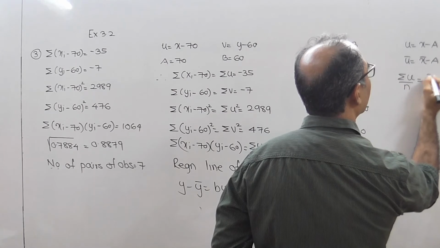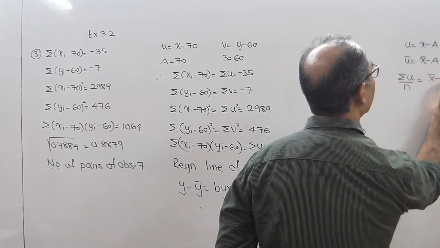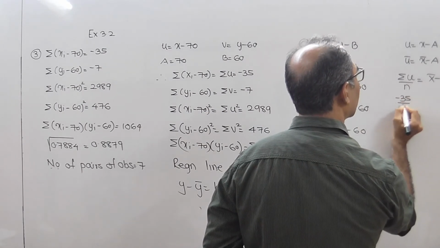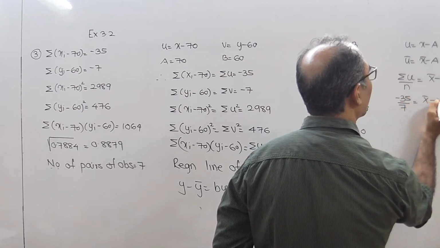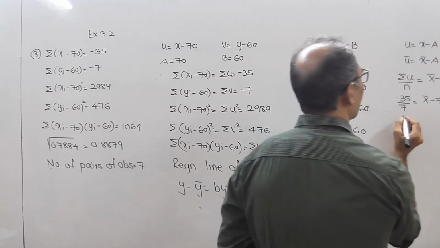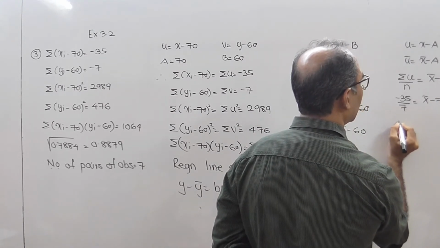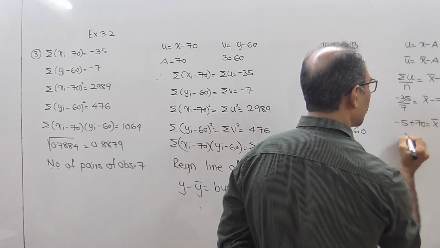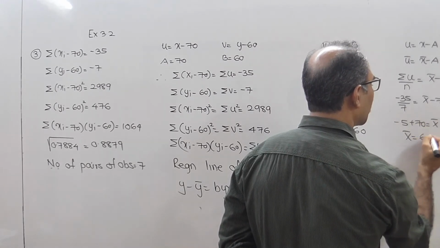Sigma u upon n, that is equal to x bar minus a, which is 70. Sigma u, I think, which is minus 35 upon 7 equal to x bar minus 70. So you get this as minus 5 plus 70 equal to x bar. X bar will be equal to 65.